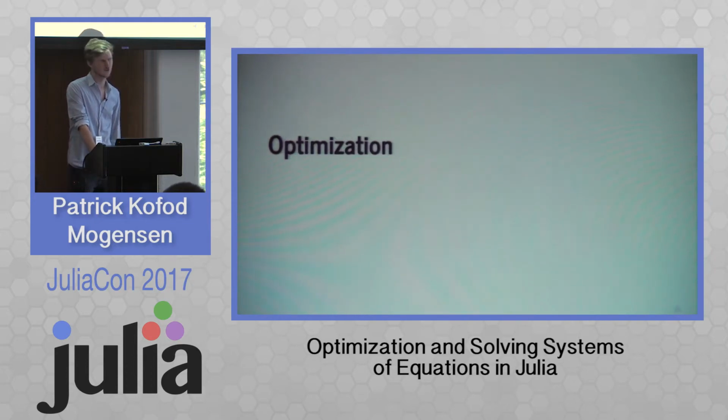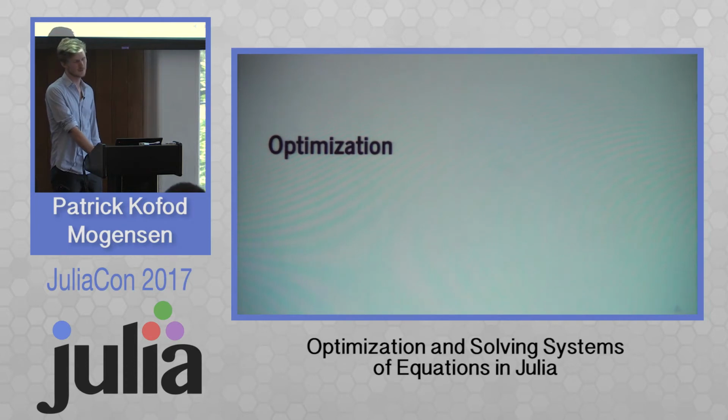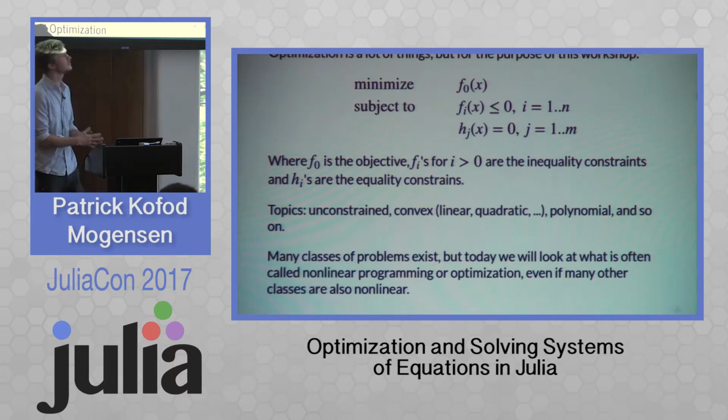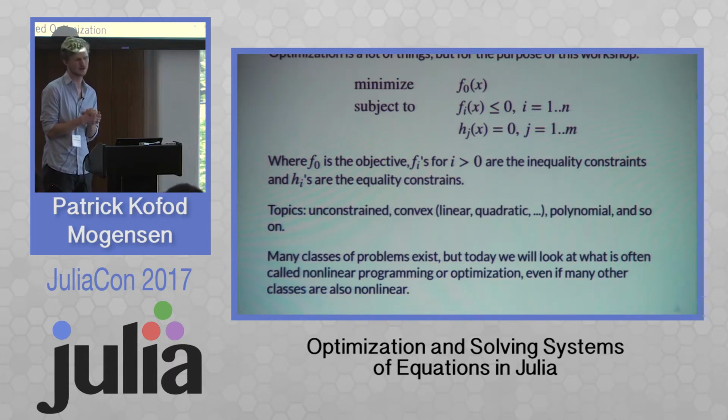Okay, so the first topic is optimization. Optimization in a nutshell is when you're trying to solve a problem like this. You want to minimize some function f0 subject to some constraints such that all the fi's are less than or equal to 0 and all functions hj are equal to 0.